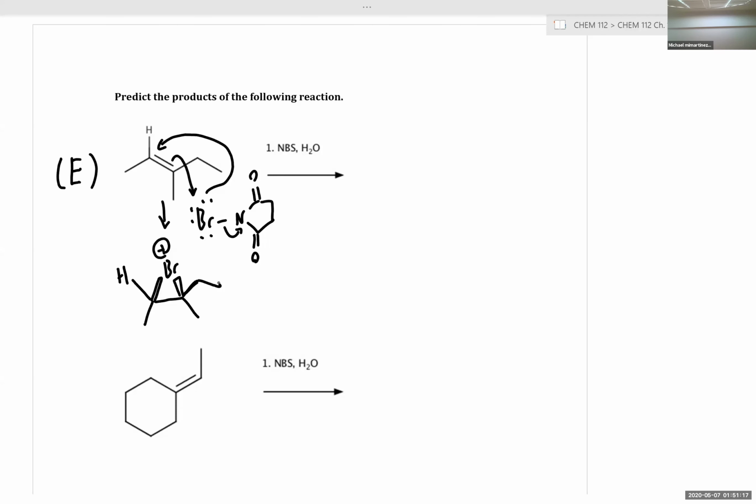First, let's show the alkene, then let's show the bromonium intermediate, and finally, once we have our bromonium intermediate established, then we will show everyone the addition product.